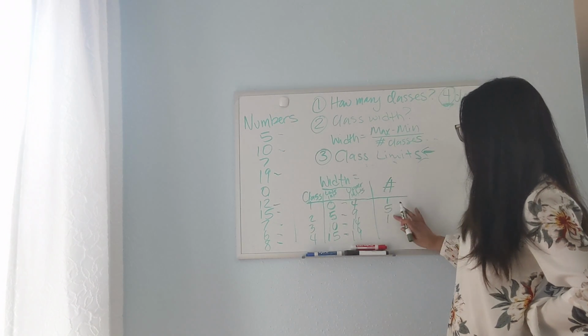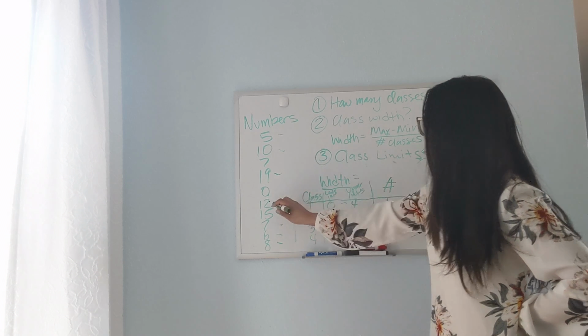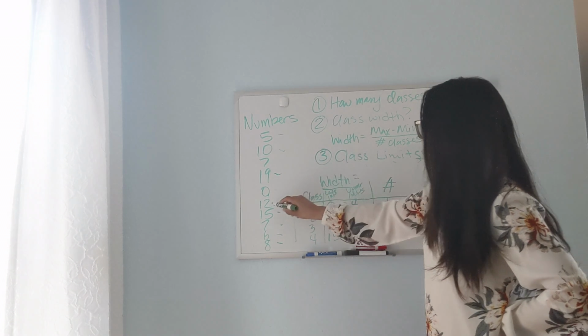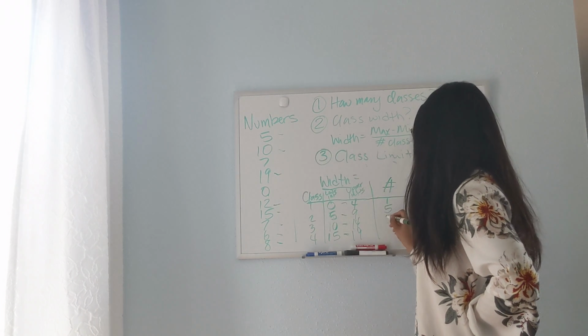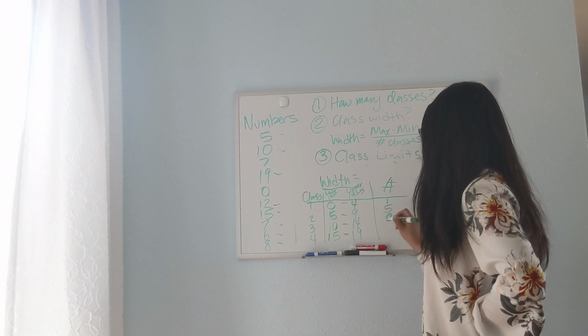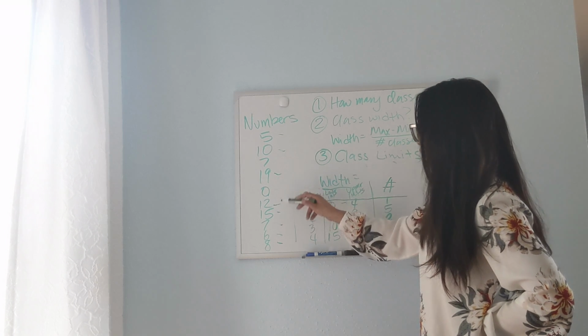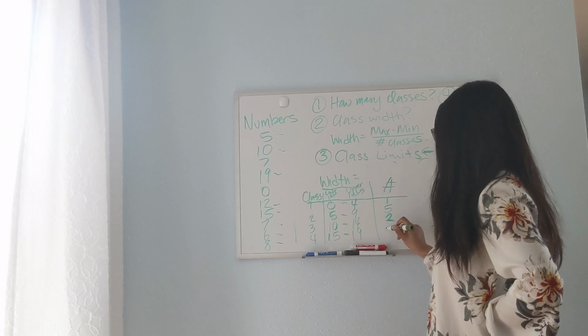Oh, sorry, I didn't count this 12 and this 10, right? So in class 3, I have 12 and 10, so that's really 2. And then for 15 to 19, I also have 2.